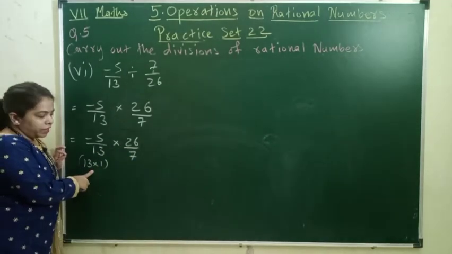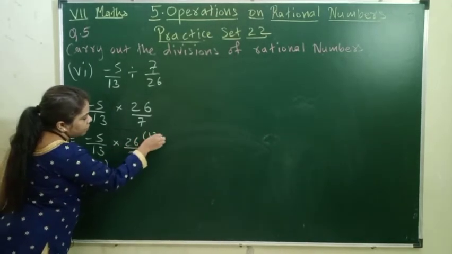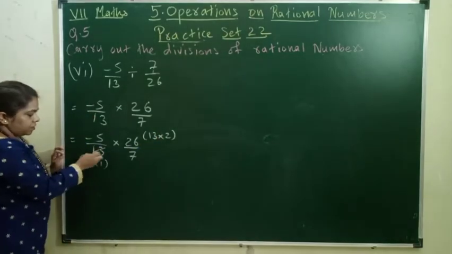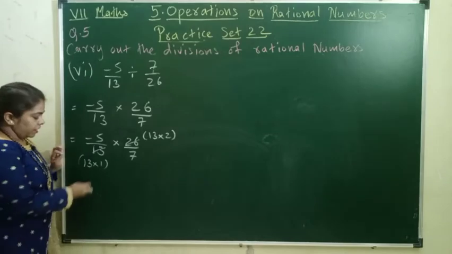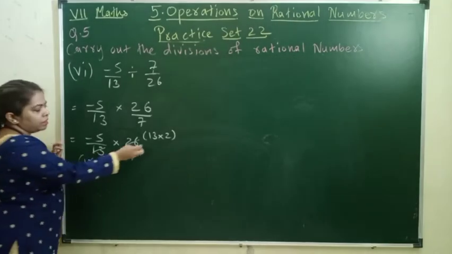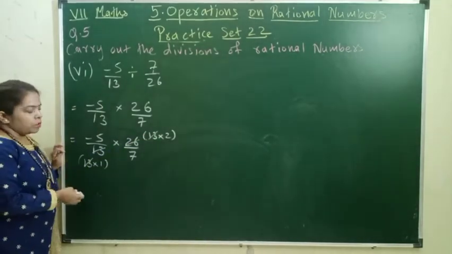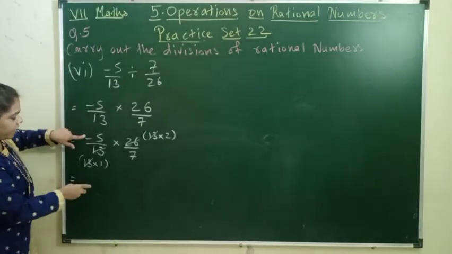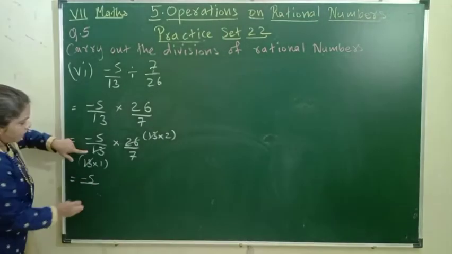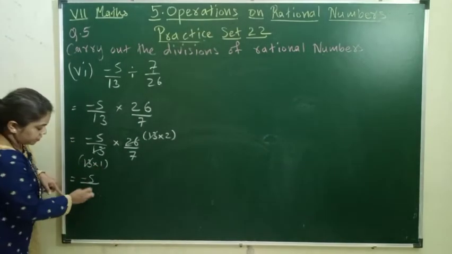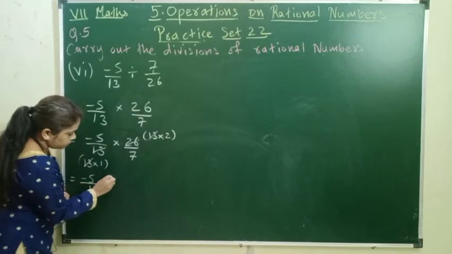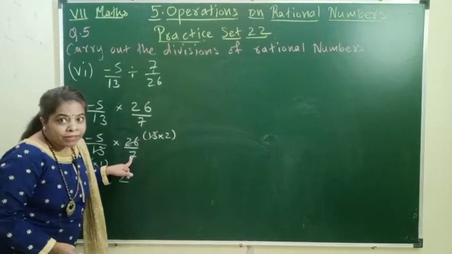Thirteen ones are 13. 13 twos are 26. We are cancelling the common table also. Now what is remaining? Minus 5 and down 1 is remaining. 2 is remaining here and 7 is remaining here.